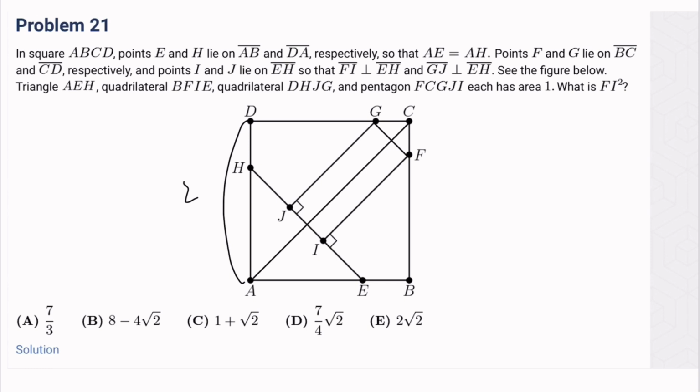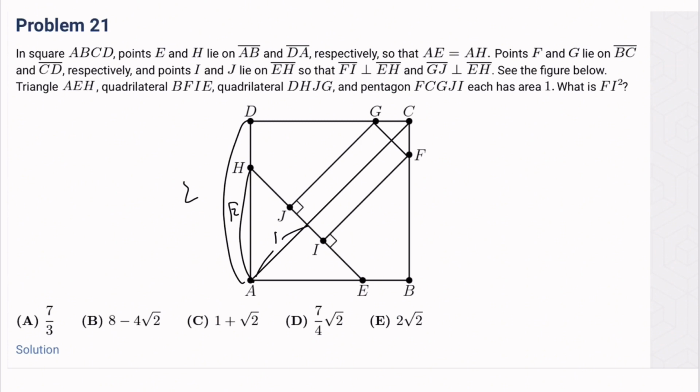Since AHE has area 1, the square will have area 2, and so this has side root 2. So this much is root 2, and this length is going to be 1.